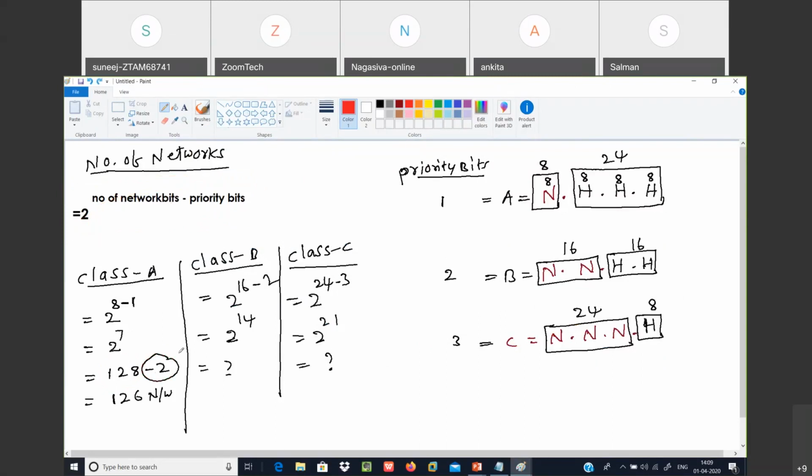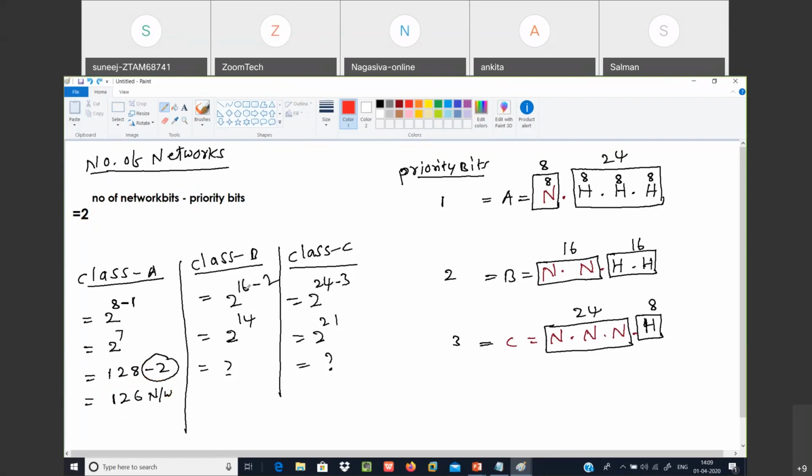Because of the global ID and the loopback ID. The global ID, 0.0.0.0, is used for global identification of all 4.3 billion IP addresses. And one more is the loopback ID, used to check the TCP/IP stack in your computer. In class A, 126 networks are valid.